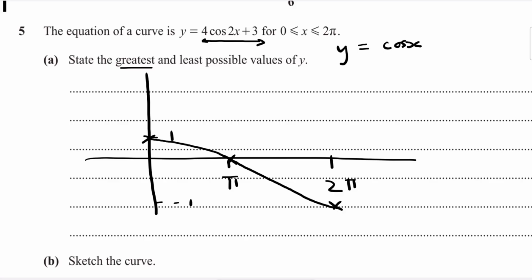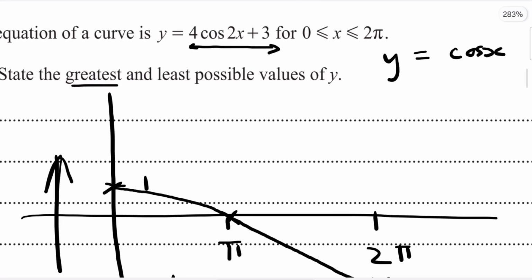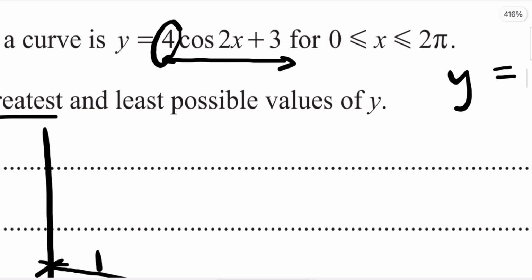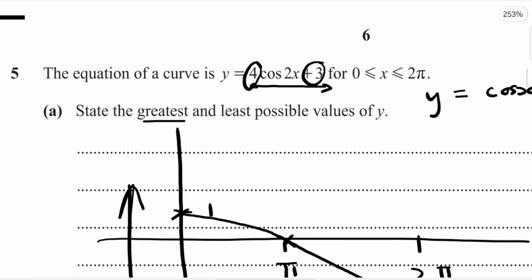And for the greatest and least possible values of y, we're only dealing with the y-axis. So we're going to consider transformations that affect the y-axis. And by looking at this, we will be considering this 4, which is a stretch in the y direction by a factor of 4, and this vertical translation 3 units up, right?